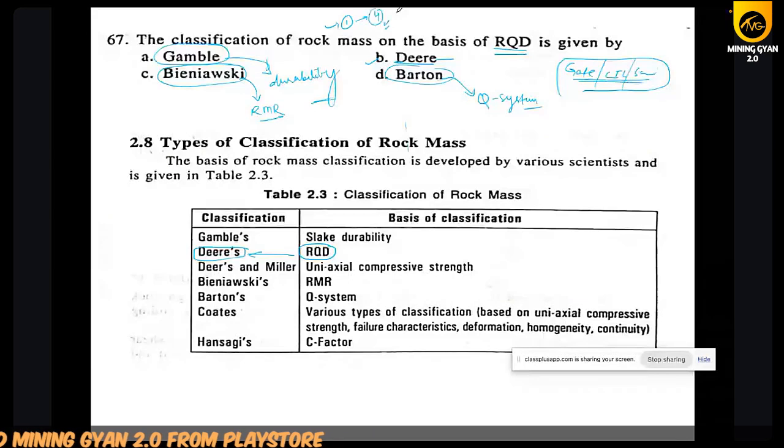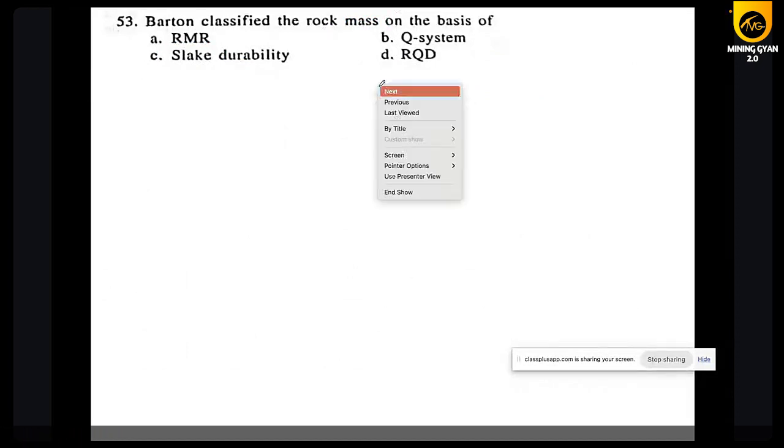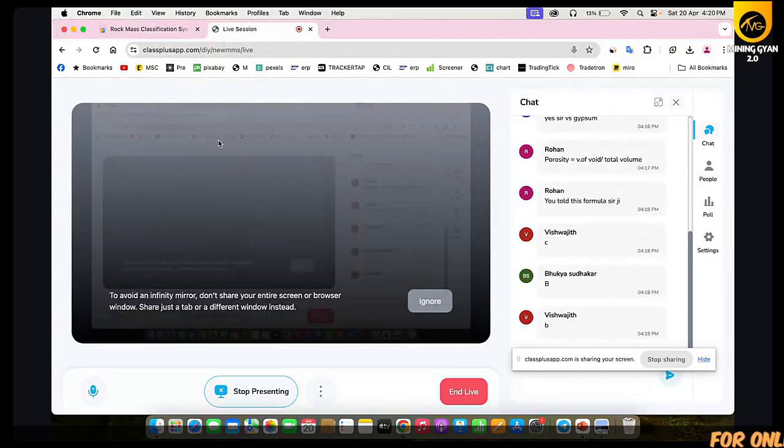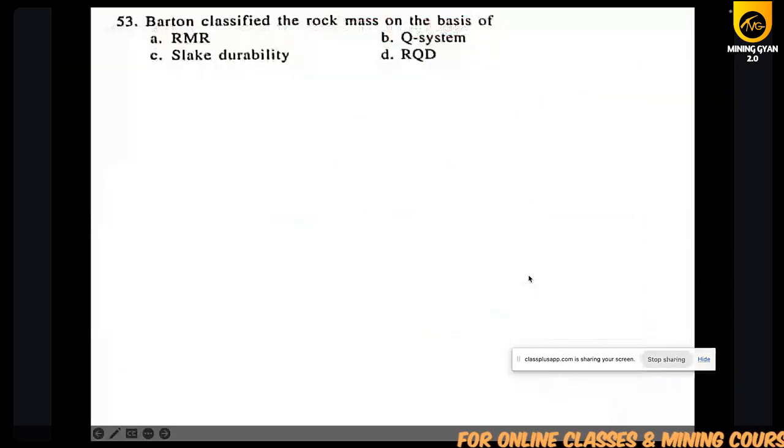Okay. Question number 53, give your answer. Barton classified the rock mass on the basis of. Question number 53. Please write the question number and then your answer. So it will help.